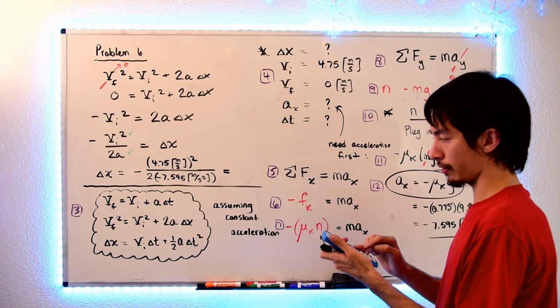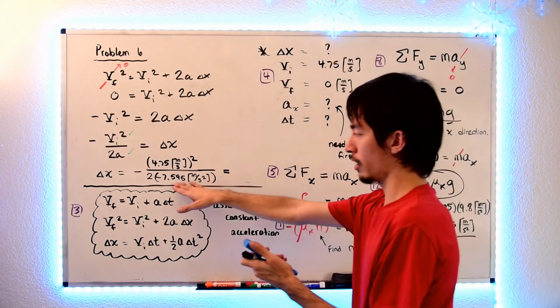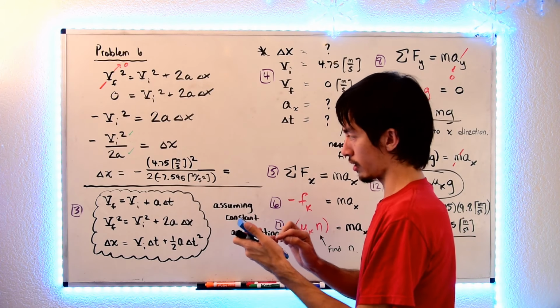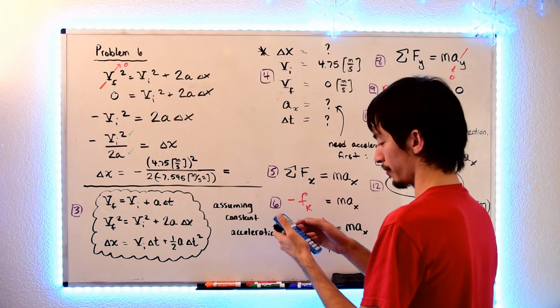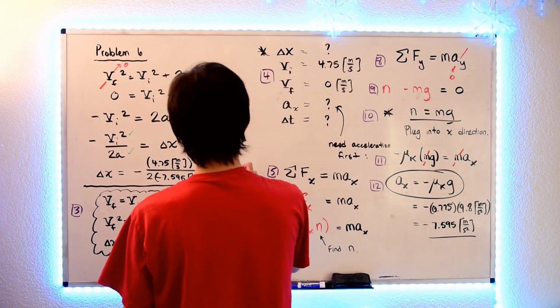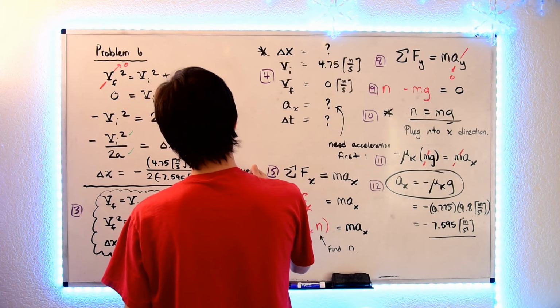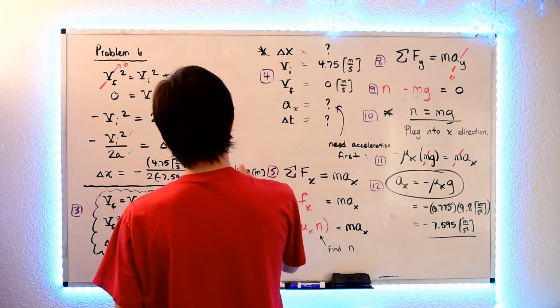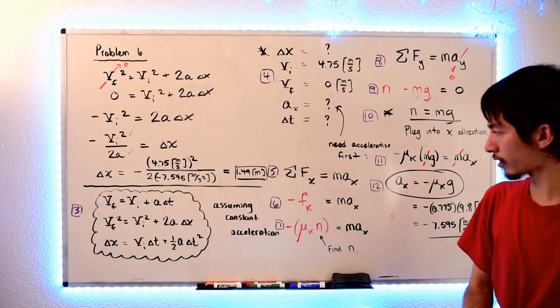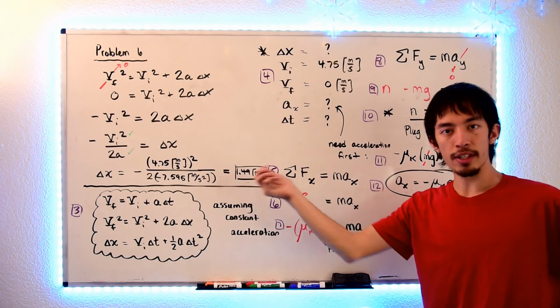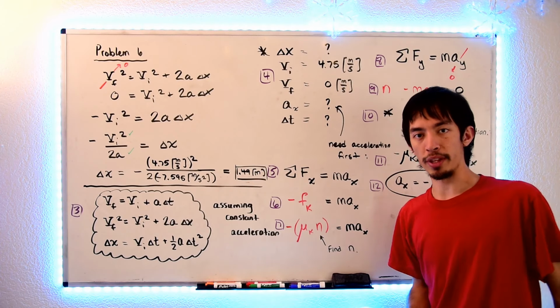So we have that times 2 in the bottom, and then we have 4.75 squared in the top. So we get 1.49 meters. So that gives us our distance, and that's how far they slid before they came to rest.